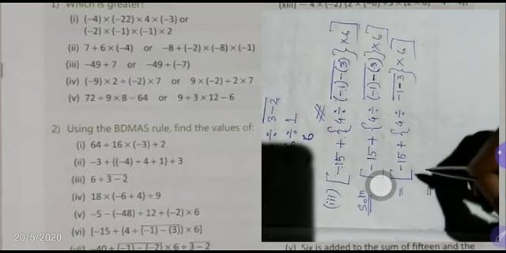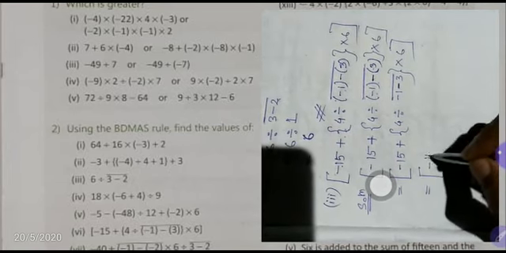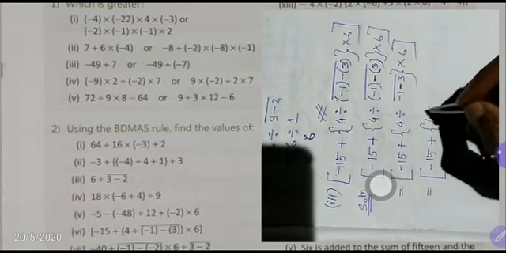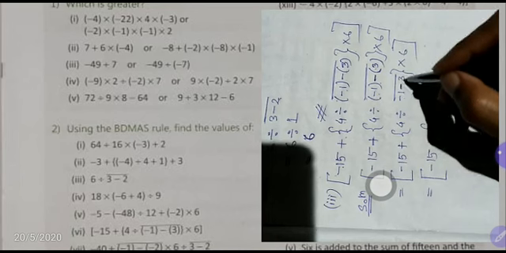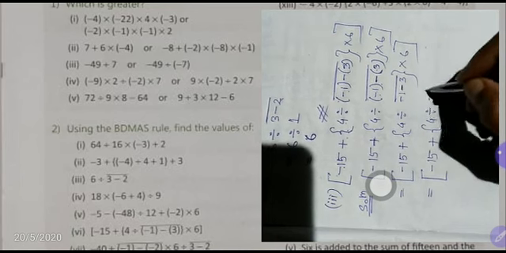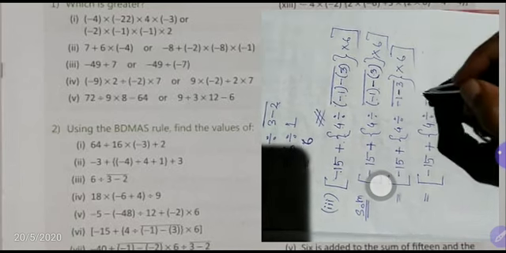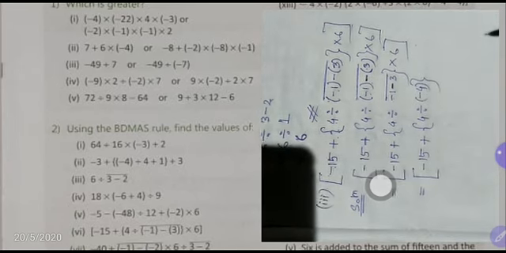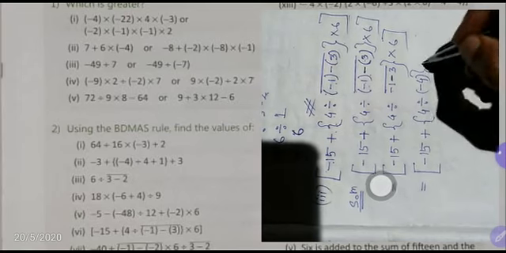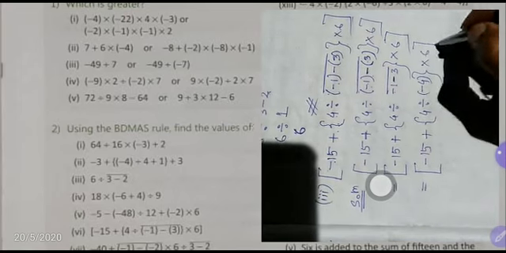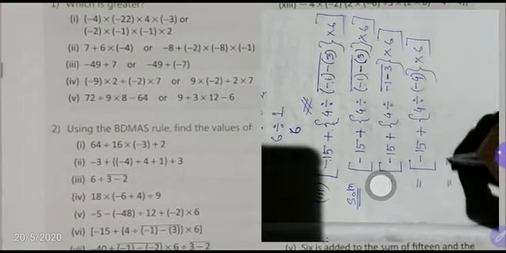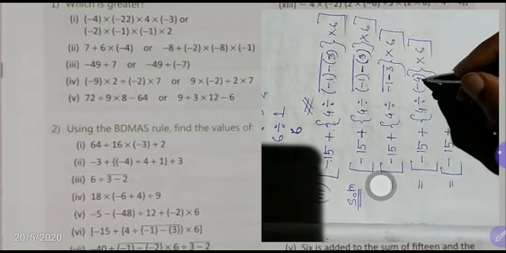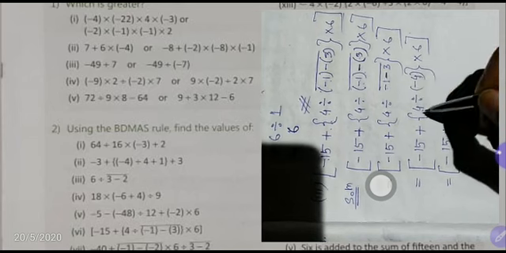Now you see here, next step, minus 15 plus 4 divided by, we will do this much first. Minus 1 minus 3, what? Minus 4. Whenever you write negative integers, you have to give a bracket, into 6. So minus 15 plus 4 divided by minus 4. What you see here?